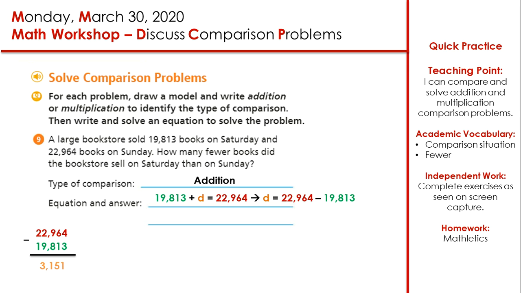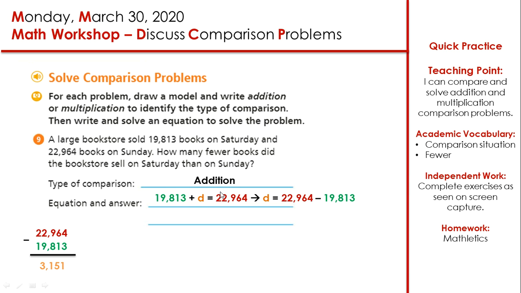Now, if I want to write my equation, it would be the 19,813 books sold on Saturday, plus the difference that I don't have, equal to the 22,964 books that were sold on Sunday.